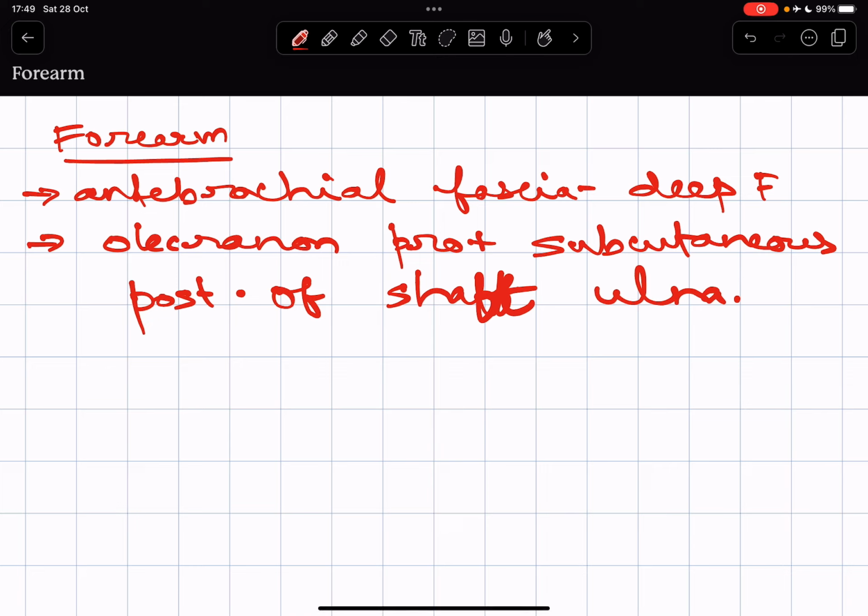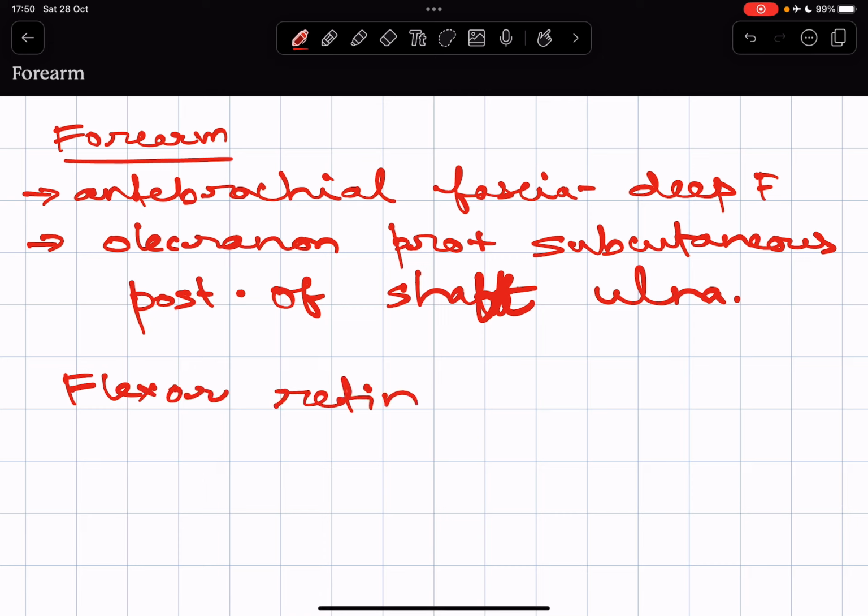Now this antebrachial fascia sends a number of septa which extend from the deep surface of the antebrachial fascia between the muscles, and it reaches the bones. What happens on the roof of the cubital fossa? The antebrachial fascia is reinforced by the bicipital aponeurosis. Very close to the wrist, the deep fascia thickens on the anterior aspect to form what is called the flexor retinaculum.